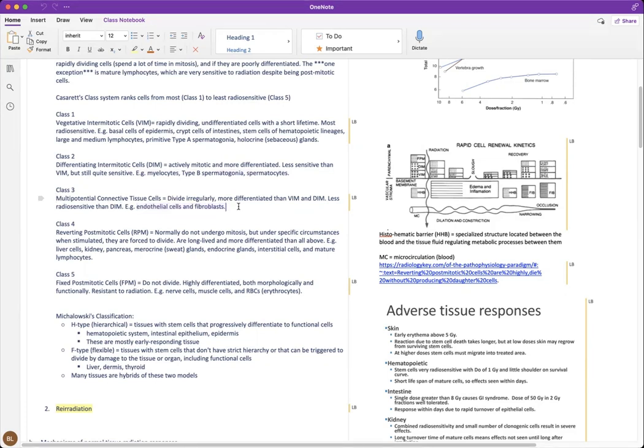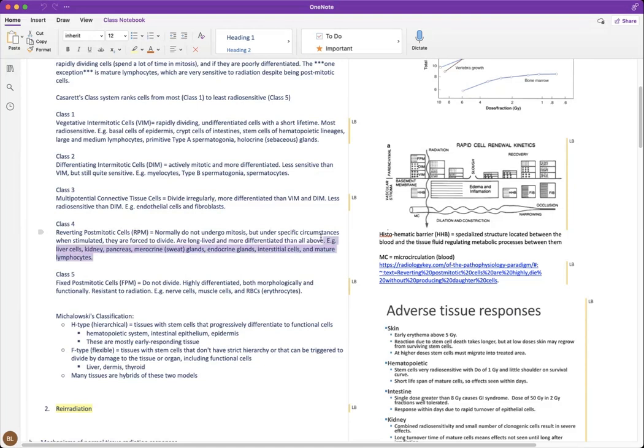And then class 4 is reverting postmitotic cells. So these cells do not normally undergo mitosis, but under specific circumstances, if they're stimulated, they're forced to divide. They tend to be long-lived and are more differentiated than those above.